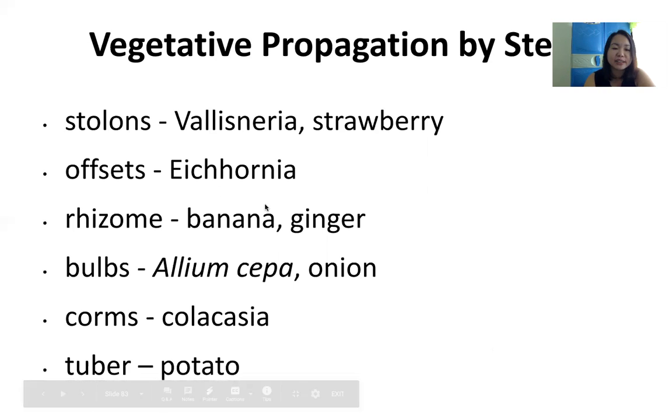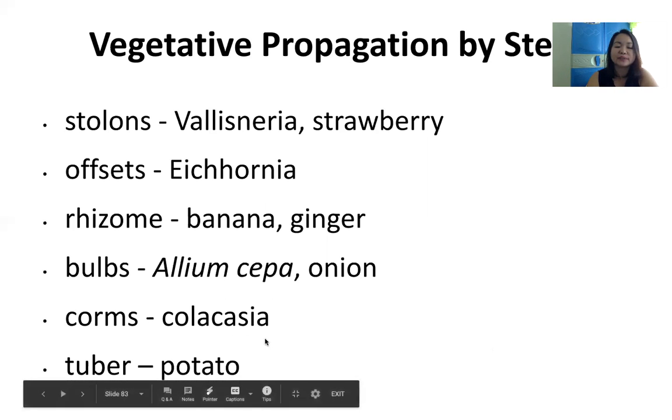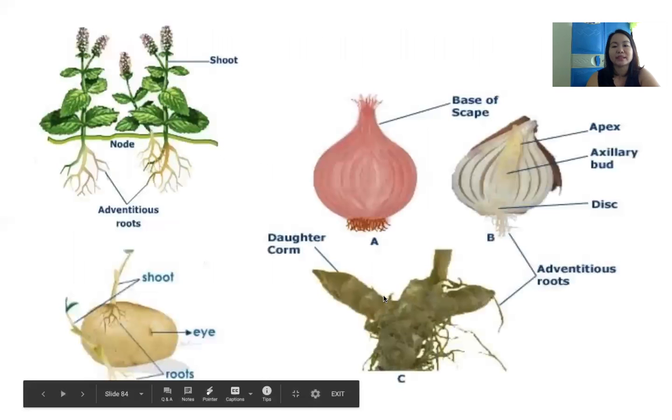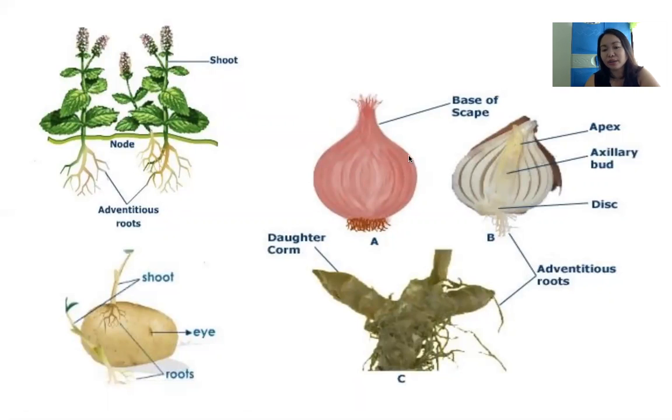We call it offset for Echinodorus, rhizome for banana and ginger, bulbs for Allium cepa or onion, corms for Colocasia, and tubers for potato. These are all stems. These are the adventitious roots using the node, as you can see, and these are the shoots coming from potato tubers, corms, and onions.